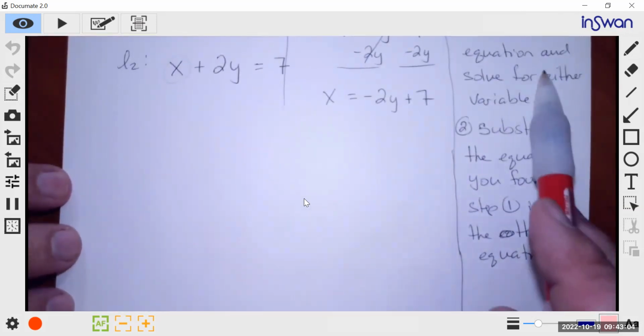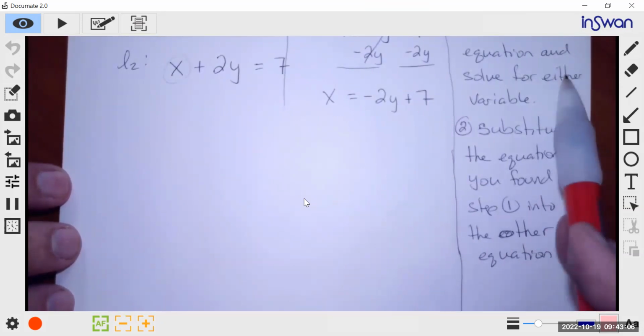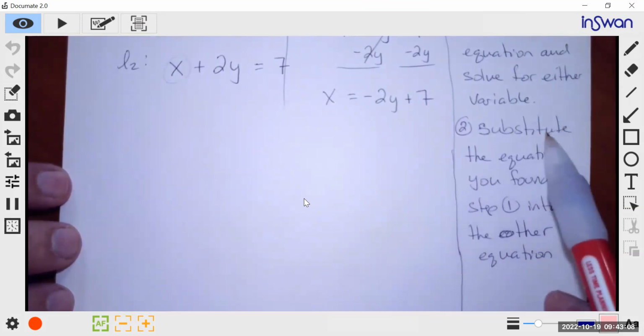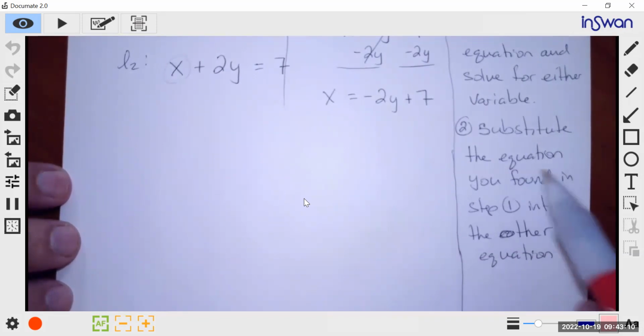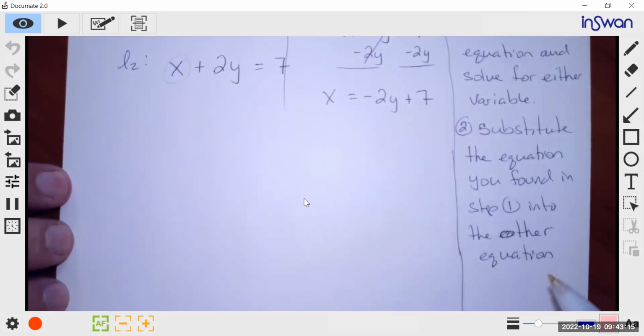So in the first step, you chose one of the two equations and solved for a variable. Now, substitute that equation you just solved for into the other equation you didn't use.